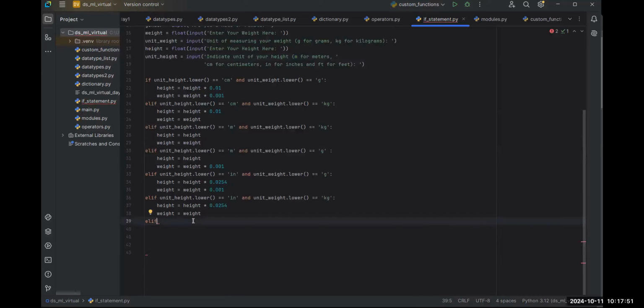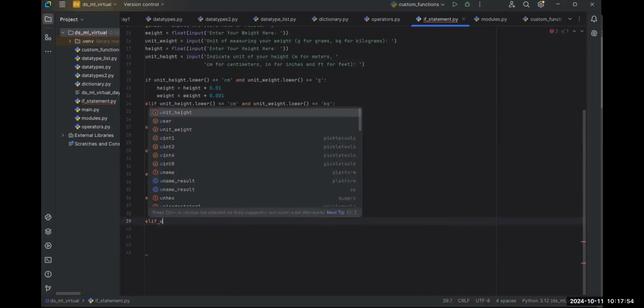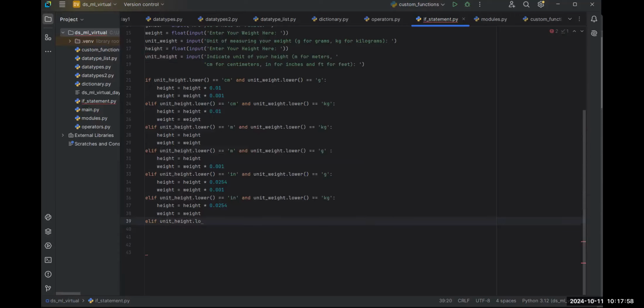Now, the next one is unit height dot lower equal to feet, right? And unit weight dot lower equal to gram. Now we are going to get the feet conversion, feet to meters, right?